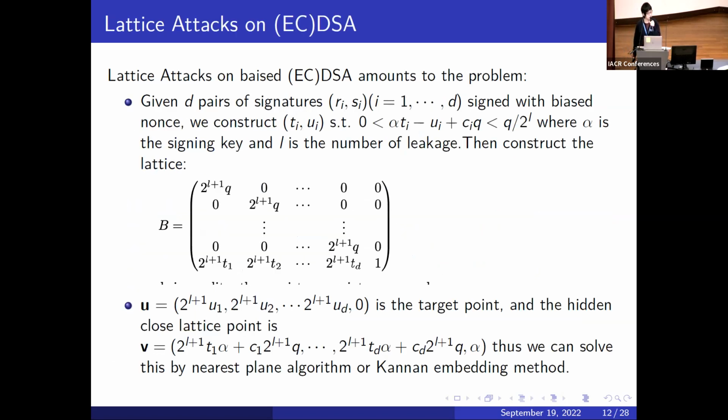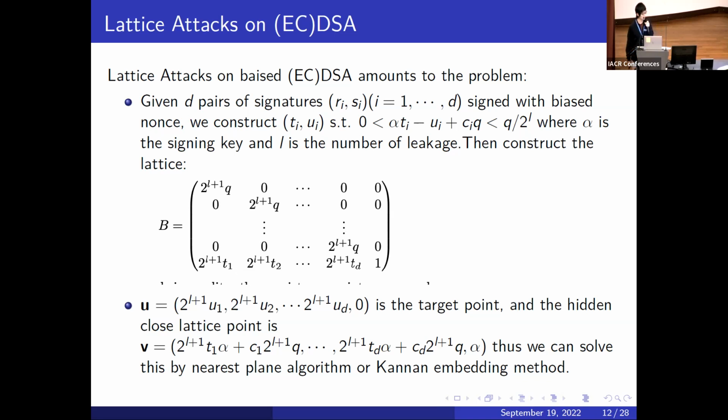Here I skip some technical details and claim that the lattice attacks on ECDSA amount to this problem. Given the details of the signatures (h_i, s_i) signed with biased nonces, we construct t_i, u_i such that alpha t_i minus u_i plus c_i q is between 0 and q over 2 to the l, where alpha is the signing key and l is the number of leakage bits.